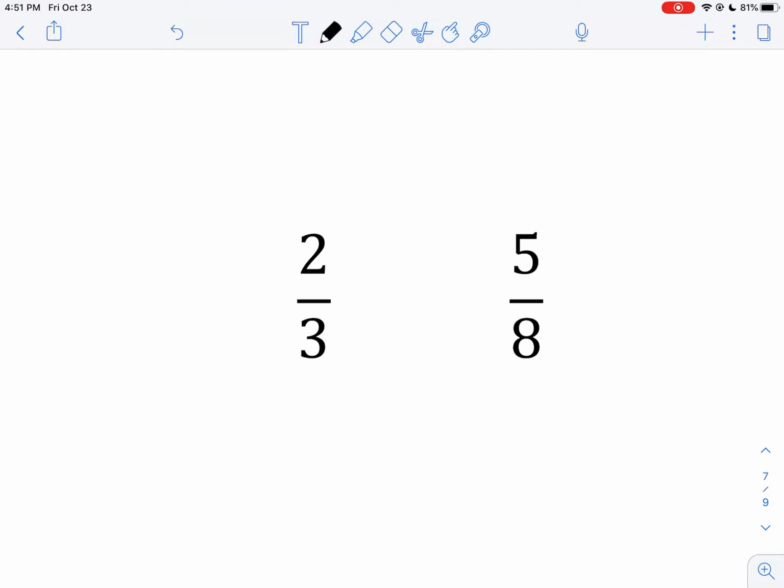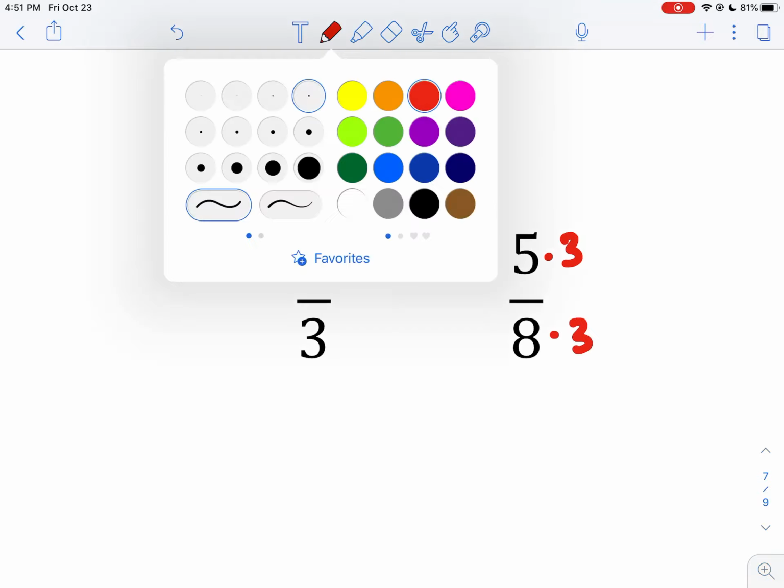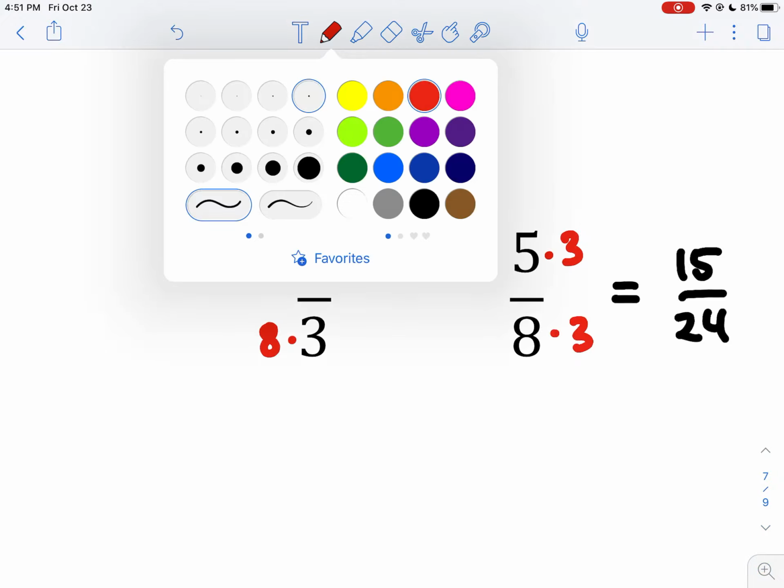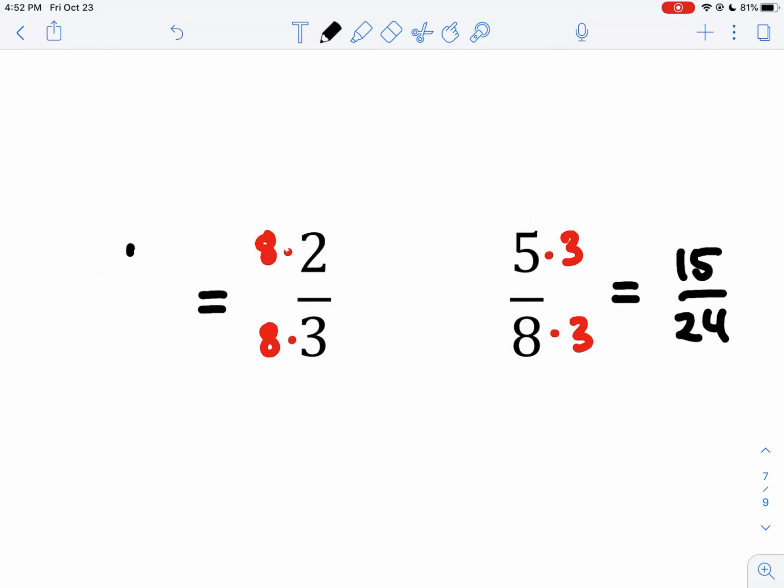So if I were to multiply this first fraction, top and bottom, by 3, then I can conclude that 2/3 is equivalent to 16/24. If I were to multiply the other fraction, top and bottom, by 3, to make the equivalent version of 5/8, that would be 15/24.